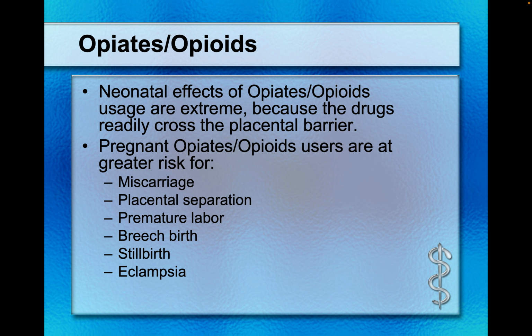Neonatal effects of opioid usage are extreme because the drugs readily cross the placental barrier. Pregnant opioid users are at greater risk for miscarriage, placental separation, premature labor, breech birth, stillbirth, and eclampsia. Eclampsia has to do with uncontrollable high blood pressure.